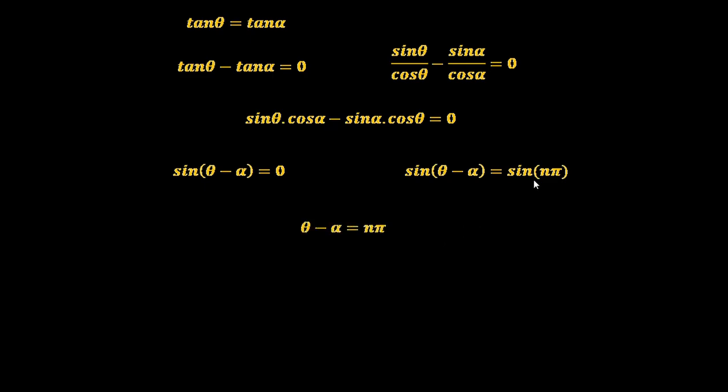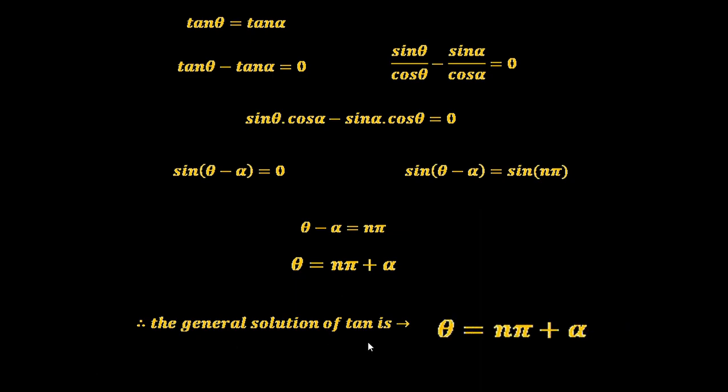Now if we compare this equation, then we can write theta minus alpha is equal to n pi. Thus theta is equal to n pi plus alpha. So if we have an equation like this, that tan theta is equal to tan alpha, then the general solution of tan will be theta is equal to n pi plus alpha, where n is any integer.